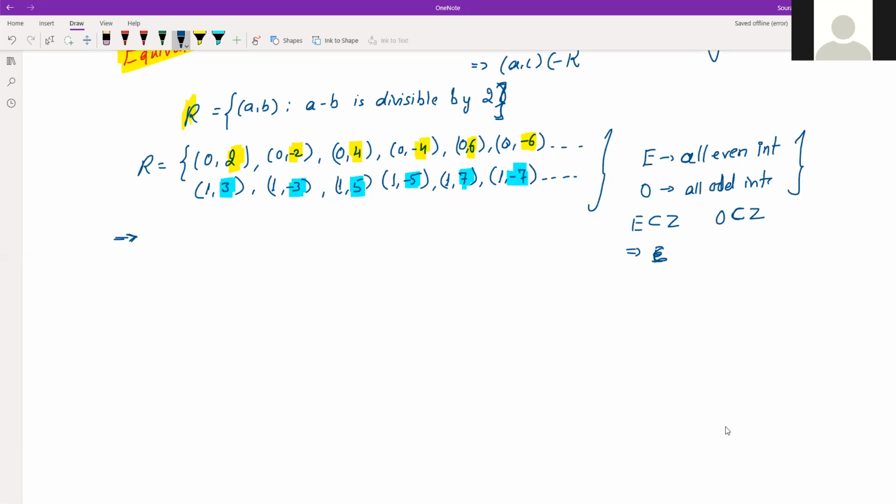So between E and O, all elements of E are related to each other and all elements of O are related to each other. That is the first property which we have seen.